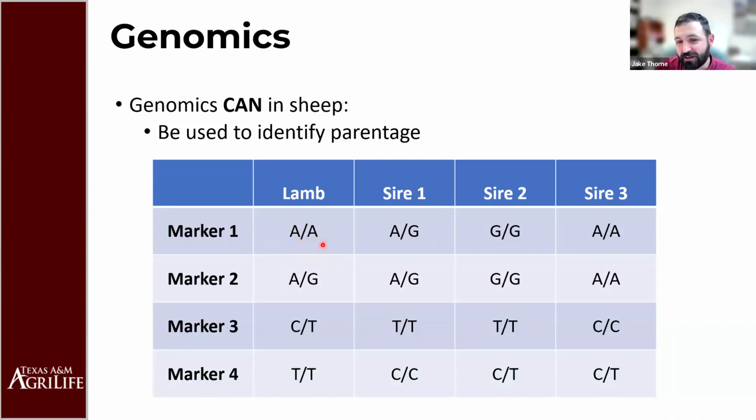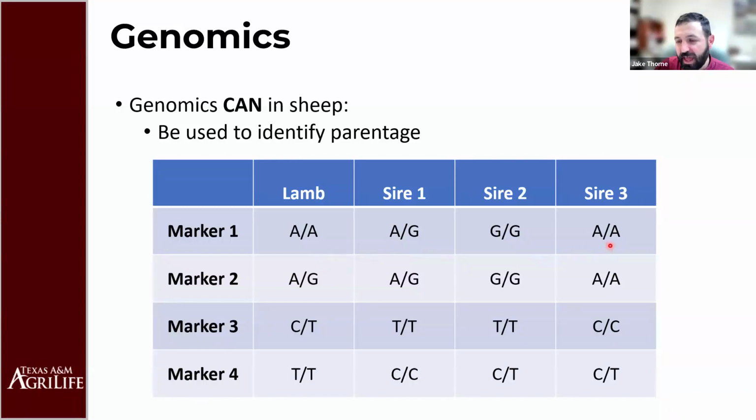If we look at all of the potential sires of that lamb at that same location, sire 1 is an AG. This lamb could have received this A from this ram, so sire 1 is still in the running to be the actual father of the lamb.